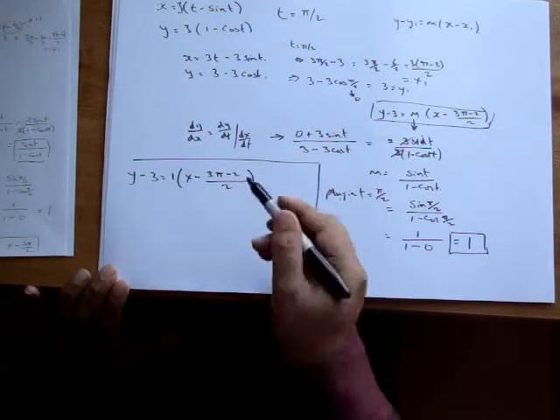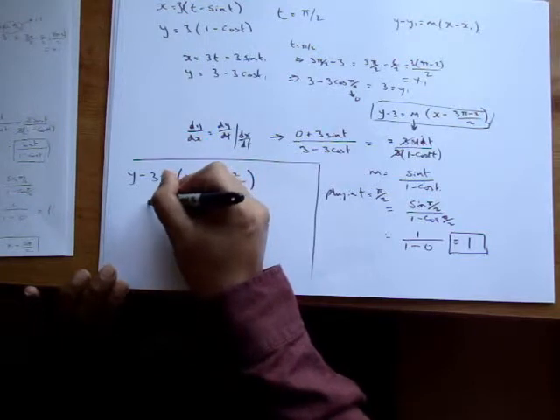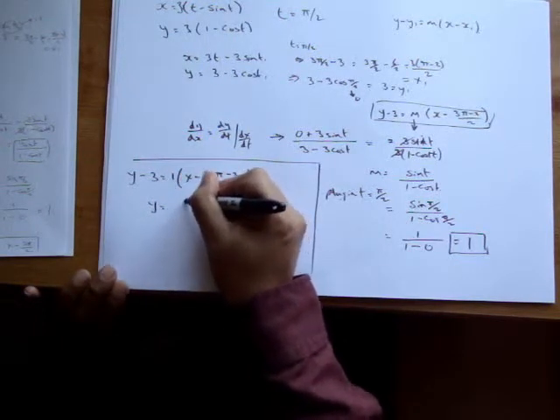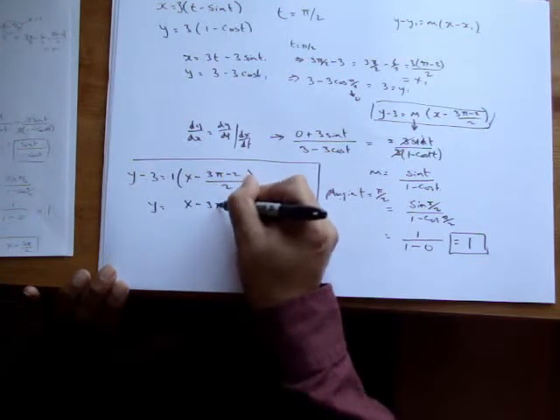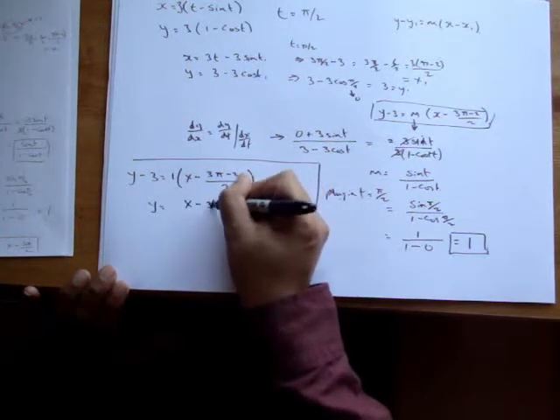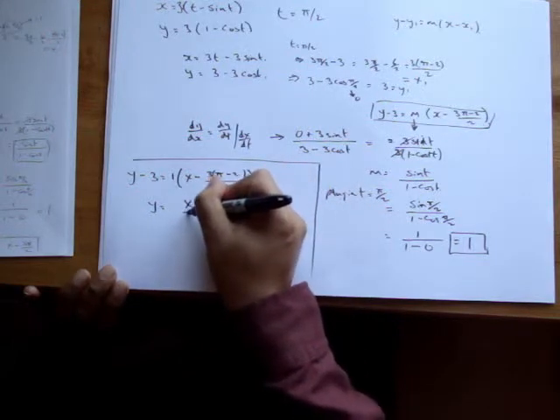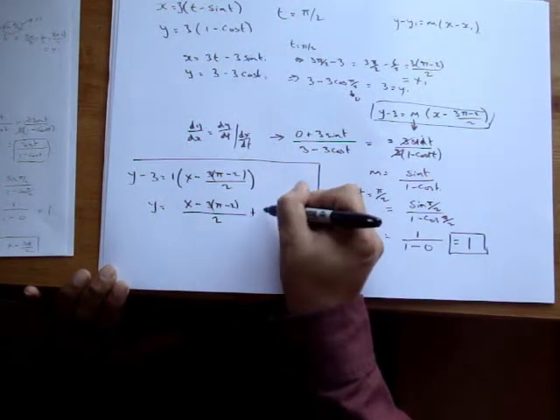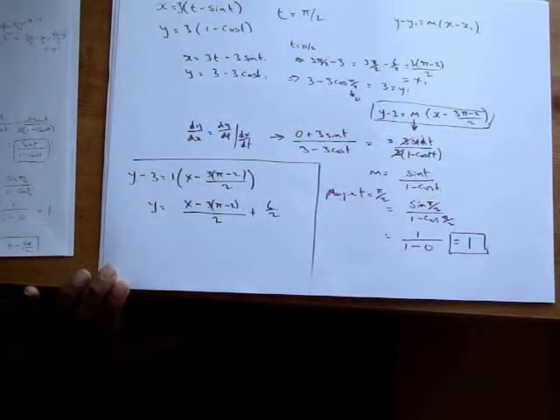So we can bring the 3 over to the other side. So this becomes y equals x, we can ignore the 1, minus 3(pi minus 2) all over 2 plus 6 over 2, the 3 becoming 6 over 2.